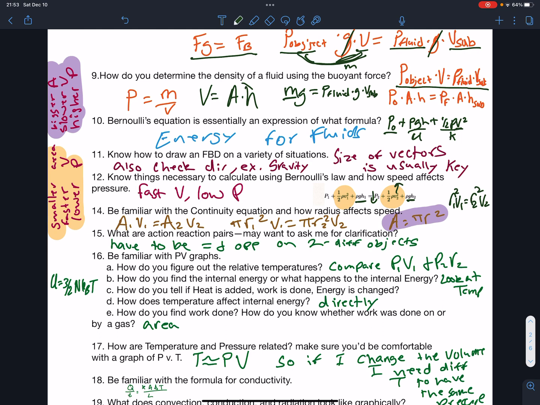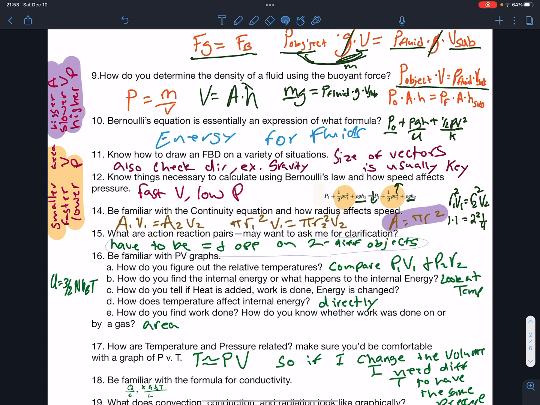Note that changes the relationship. So if you double the radius, you have to quarter the velocity. If I do 1 times 1 on this side, and then I double the radius, I have to quarter the velocity to make it still equal 1. So just note that the radius has a square relationship.